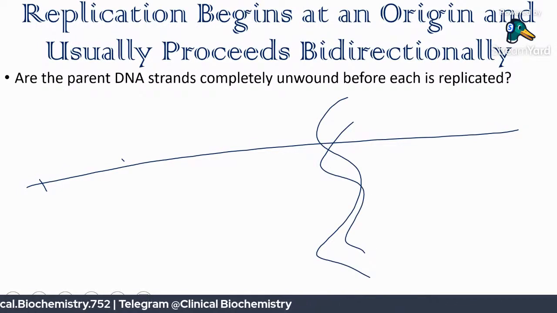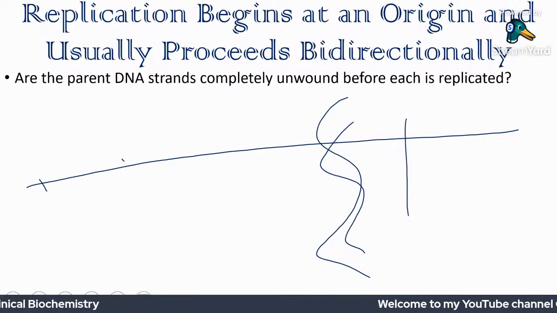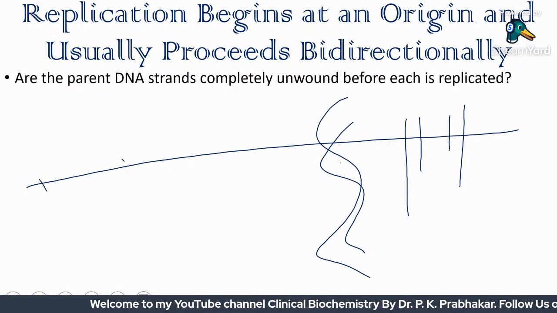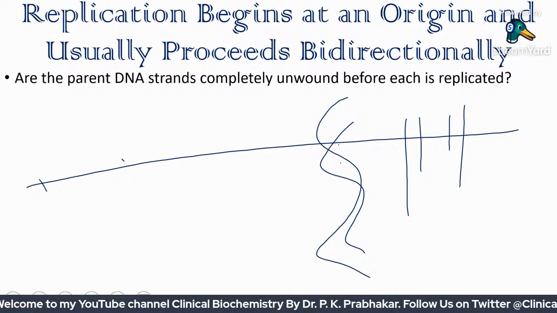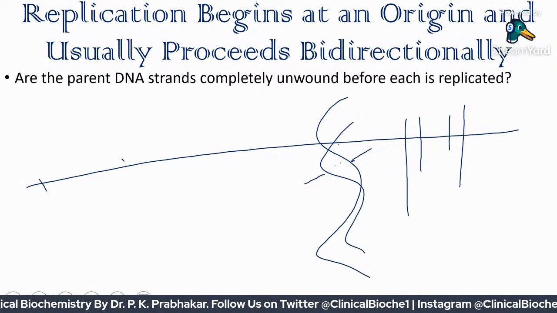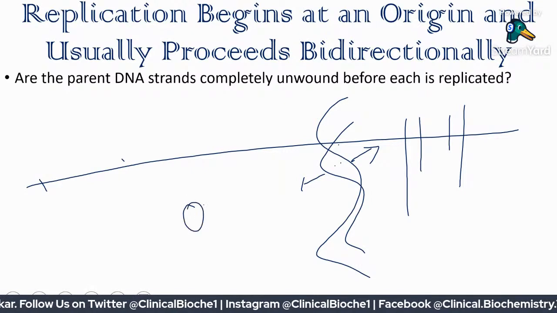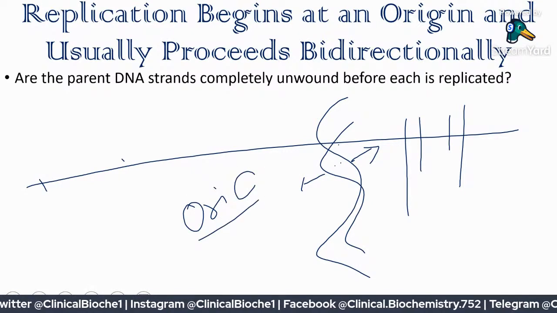So you have to unwind the DNA. Both strands need to be separated, and then replication occurs on both strands. The place where it unwraps is fixed, and that is called the ORI site, origin of replication site.